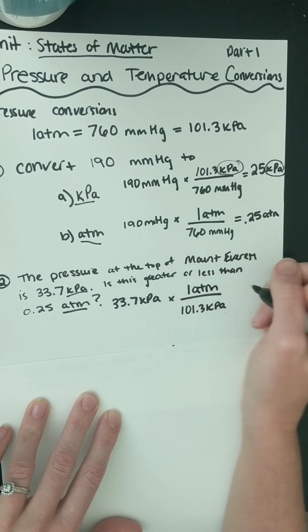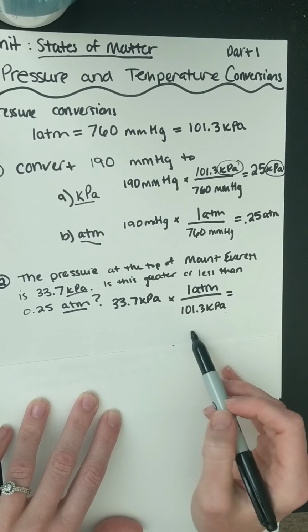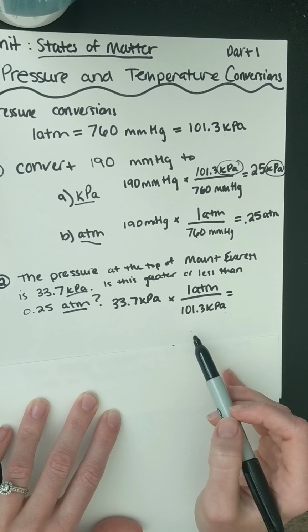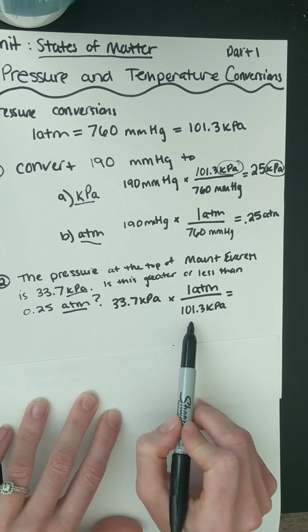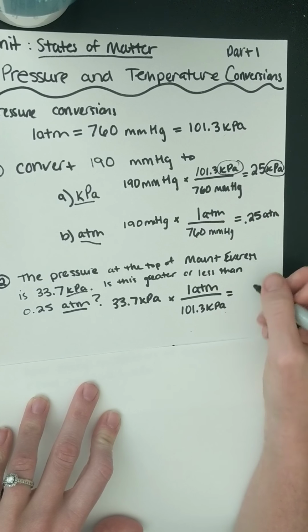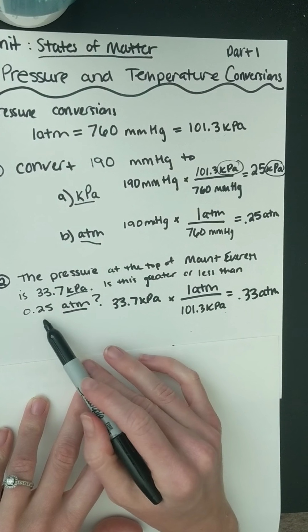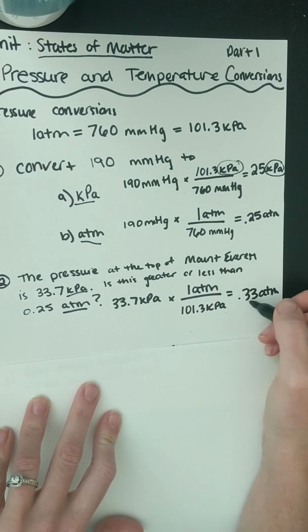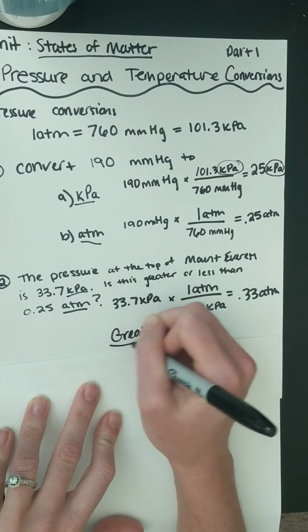Now I go through and I calculate. So pause and see if you can calculate. You should have done 33.7 times 1 divided by 101.3, and your answer should have been 0.33 atm. So is this greater or less than 0.25 atm? And it's greater, right? So your answer would have been greater.